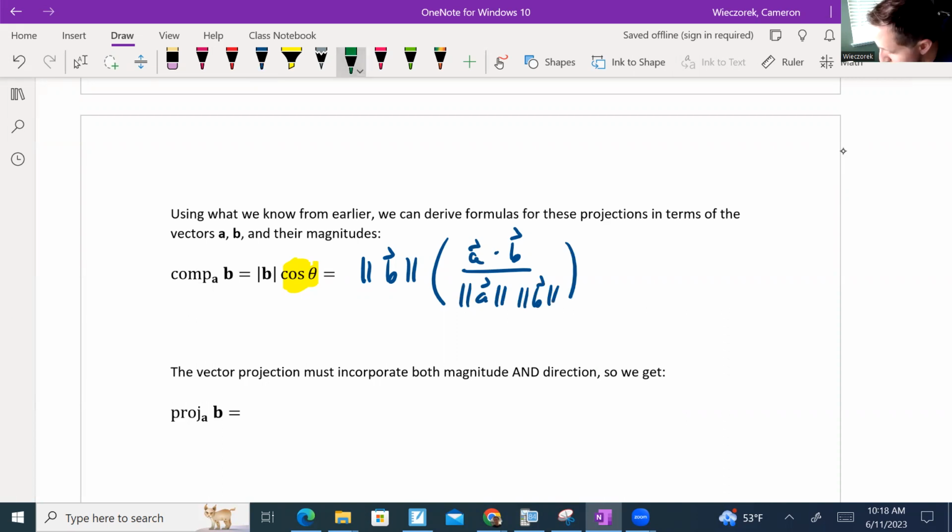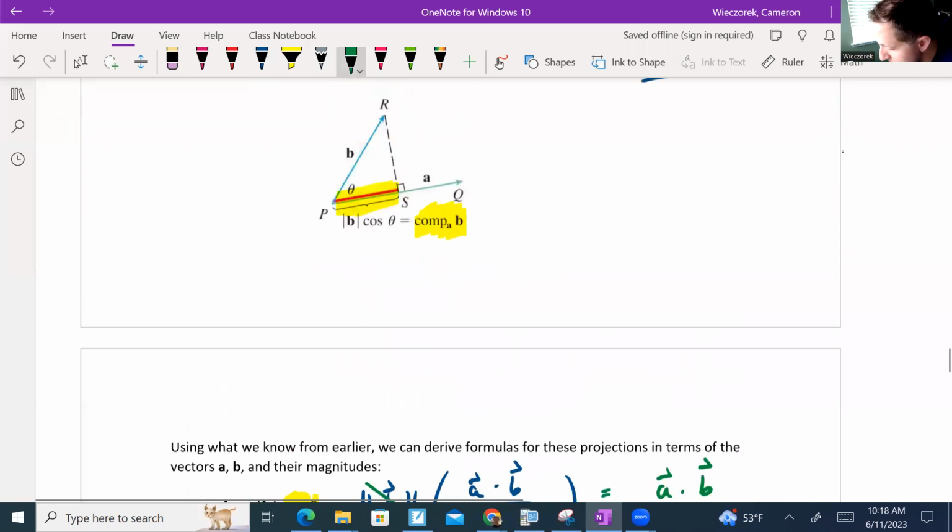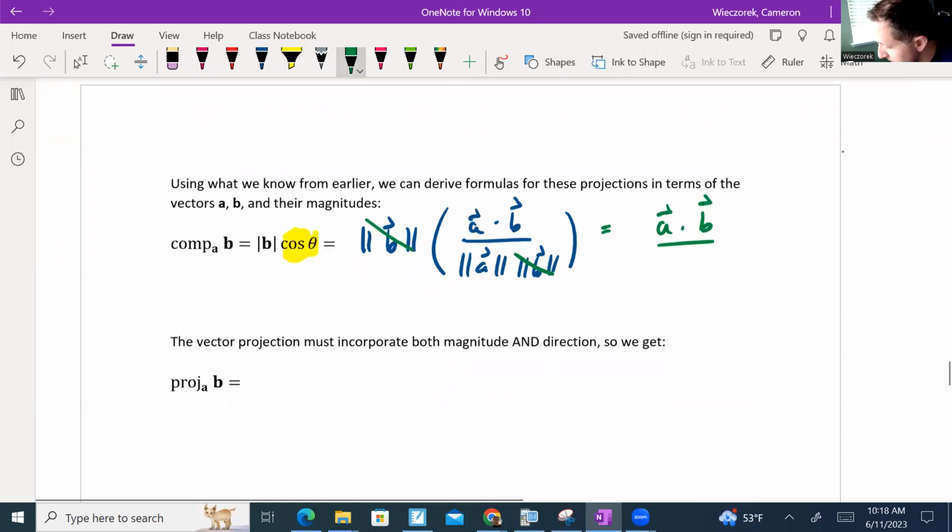Notice the magnitude of B cancels out in the numerator and denominator. So if I want the scalar projection of B along A, or the component of B along A, I take the dot product and divide by the magnitude of the vector I'm projecting onto.